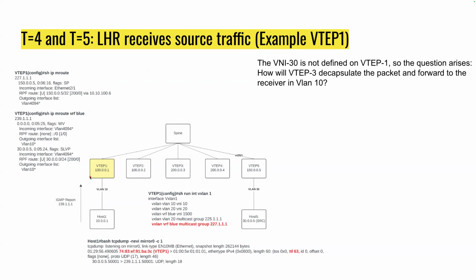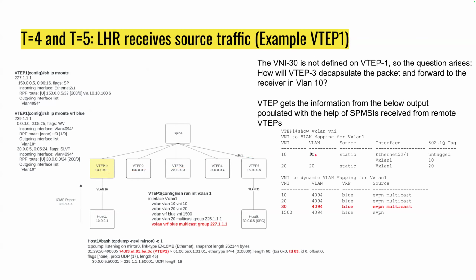So this is where the output that we discussed initially comes in, during the type 3 and type 10, the show VXLAN VNI output. It would make use of that output to map it to the respective dynamic VLANs. So if you look at this output on VTEP 1, show VXLAN VNI, you see that VNI 30 is mapped to a dynamic VLAN.